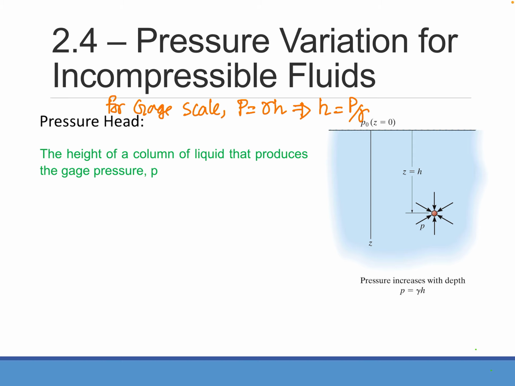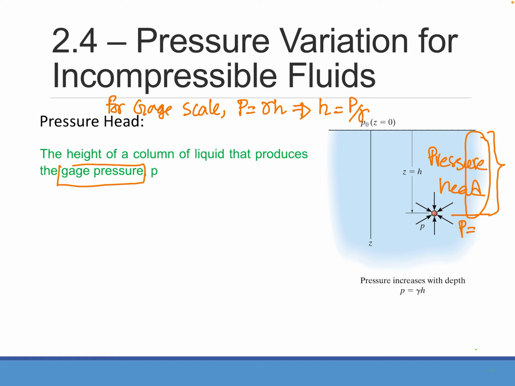The pressure head means the height of a column of liquid that produces the gauge pressure P. That means at this point the pressure is P. This amount of liquid column is creating this pressure P, and this is called the pressure head. So it is the height of the column of liquid that produces the gauge pressure.